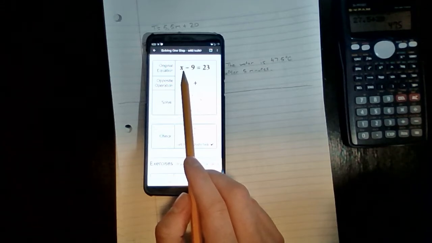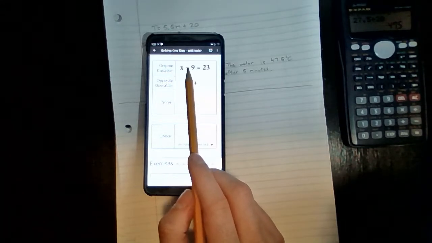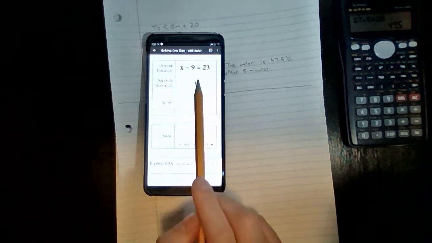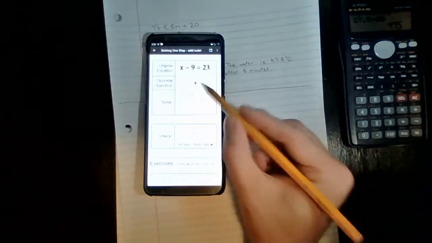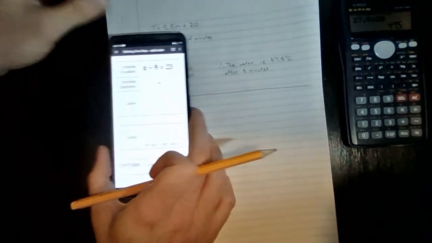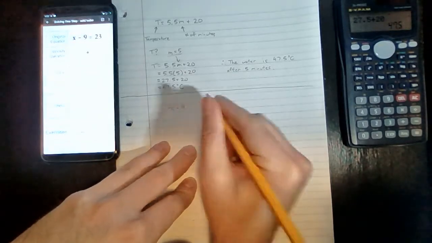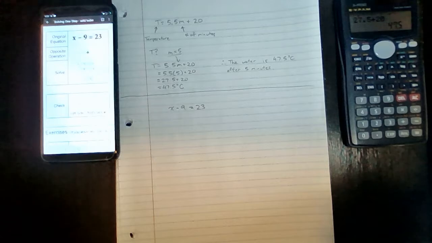In order to see what x is, we have to see what is happening to x in our equation. Here we have an x, and we're subtracting 9 from it. So we have to do the opposite of subtraction. We need to do addition. We had x minus 9 equals 23.